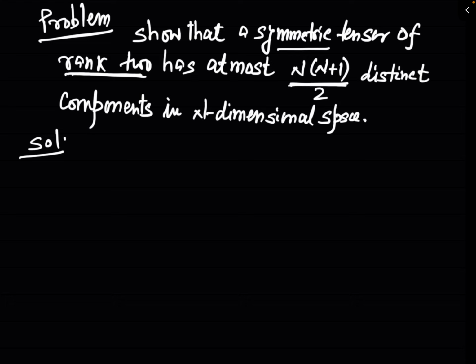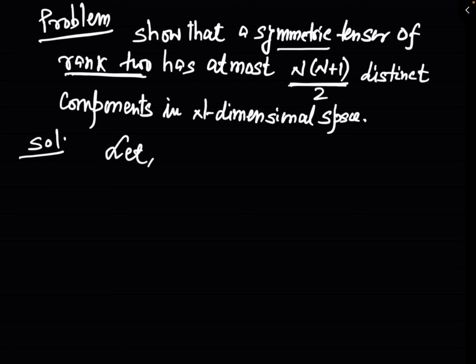This problem is very important for solving numerical problems, particularly objective type problems in different examinations. As we have to consider a symmetric tensor, it is just our choice. We can consider a covariant tensor or a contravariant tensor. So let us say that we consider a covariant tensor of rank 2.